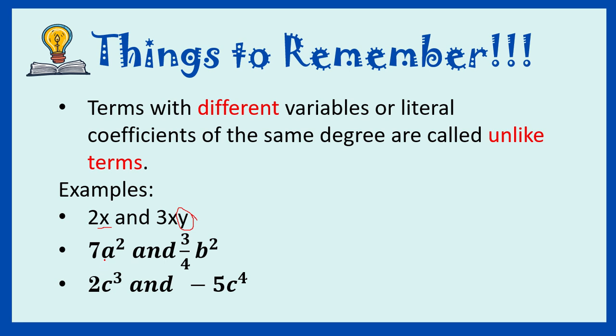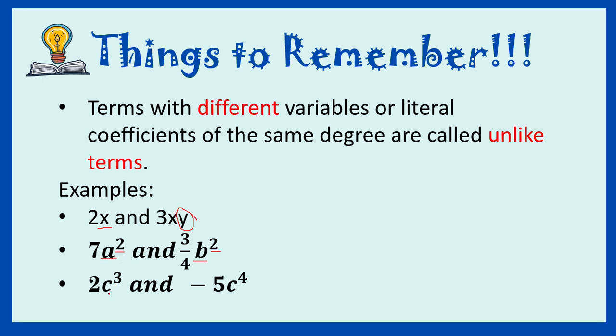And of course, for example number 2, a squared and b squared. Makikita mo parehas na ang kanyang exponent ay 2, pero hindi siya parehas ng variable. Kung hindi din siya parehas na variable, hindi din siya considered as a like term. This is unlike term. Okay? Sana naiintindihan mo to?